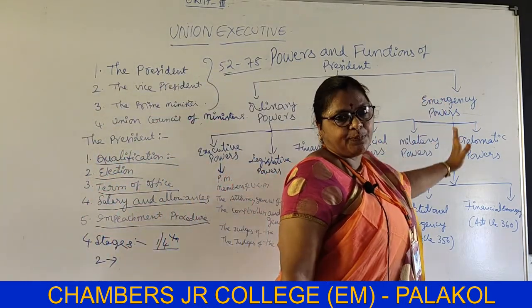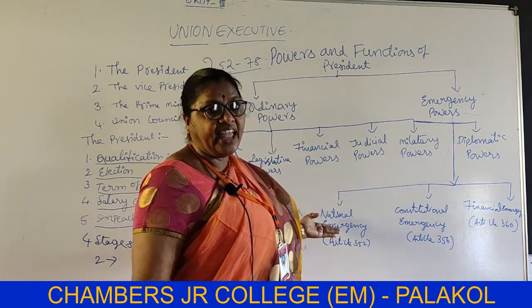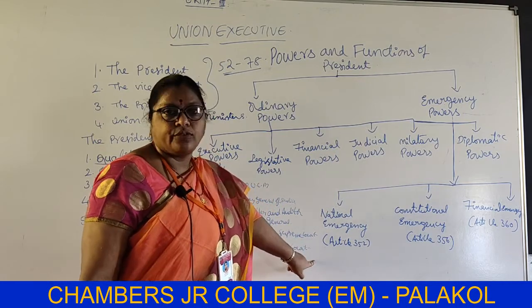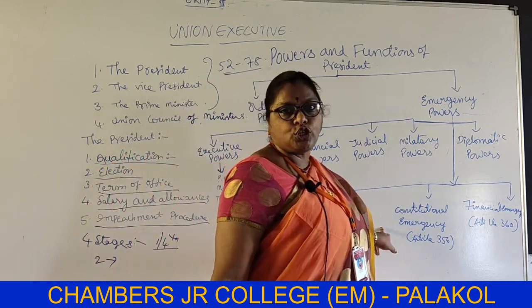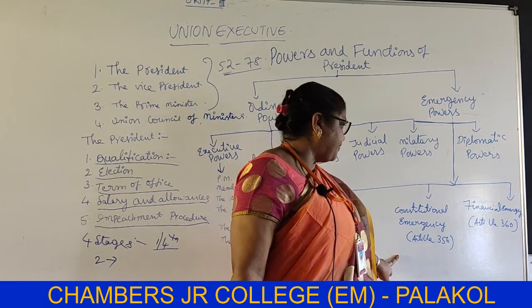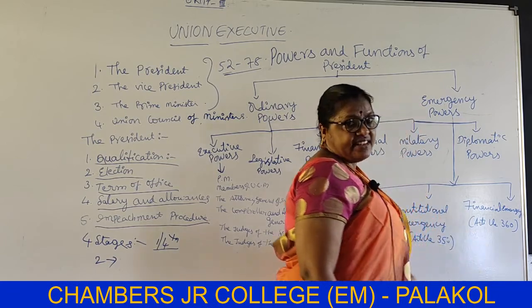And emergency powers are divided again into 3 types. What are they? National emergency, discussed under Article 352. Constitutional emergency, discussed in Article 356. Financial emergency, discussed in Article 360.